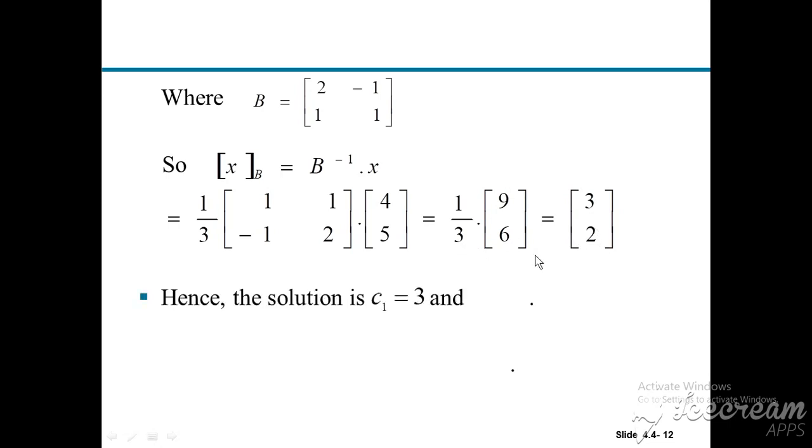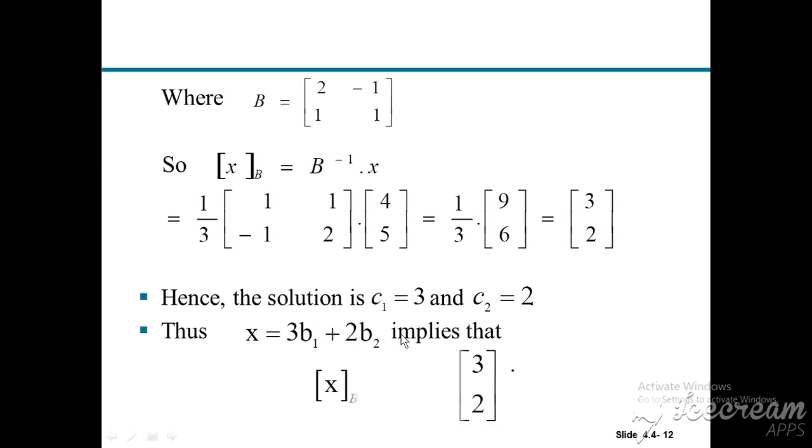Hence the solution will be c1 is equal to 3 and c2 is equal to 2. And so x is the linear combination of these two scalars 3 and 2: 3 b1 plus 2 b2, which implies that the coordinate vector of x relative to the basis b is equal to (c1, c2) is equal to (3, 2). This is the complete solution of the question.